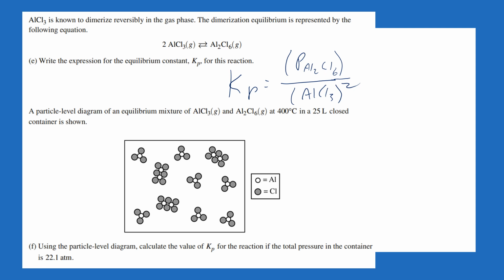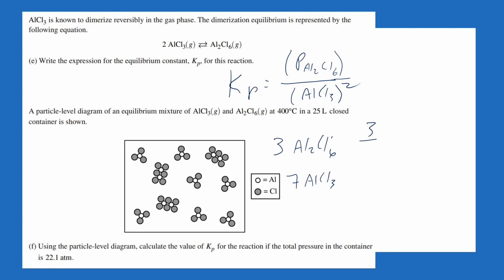Okay, so in this container I have 3 particles of the Al2Cl6 and 7 particles of the AlCl3. So that means I have 10 total.